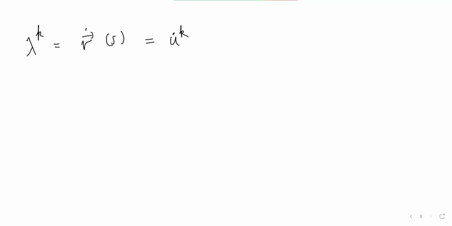You can express the position vector as uk ek. So if you differentiate the position vector with respect to s, you are going to get u dot k, because you differentiate the components. So r dot s is equal to u dot k, which is the same thing as the derivative of uk with respect to s.